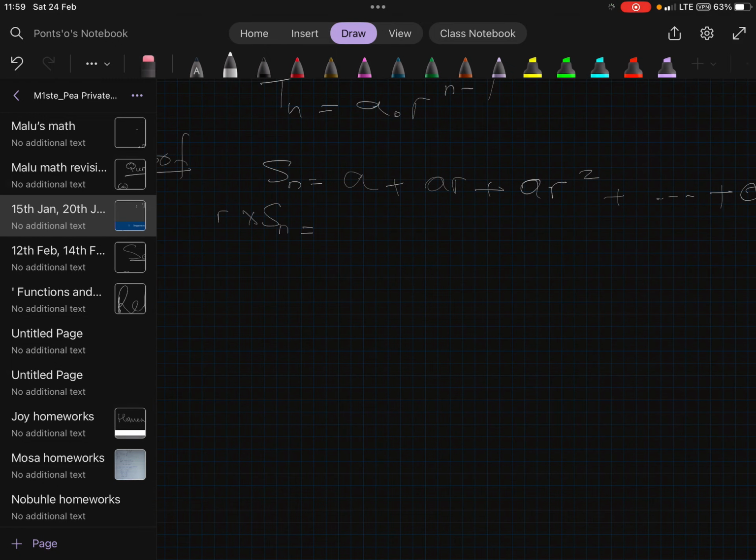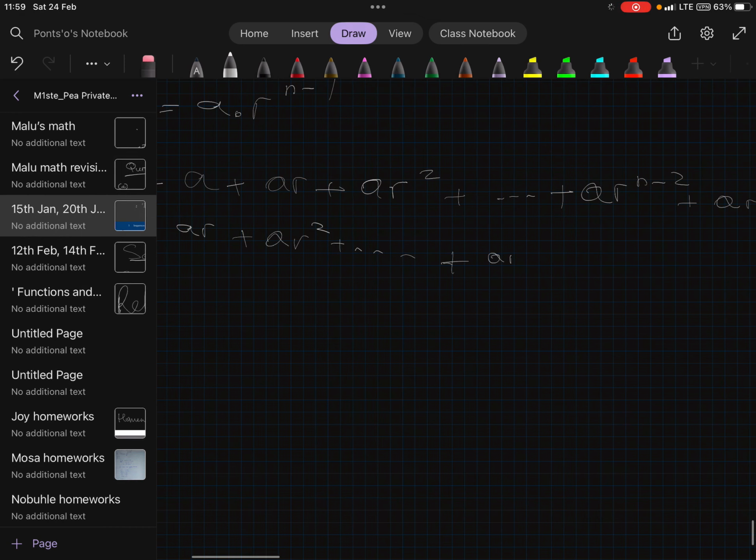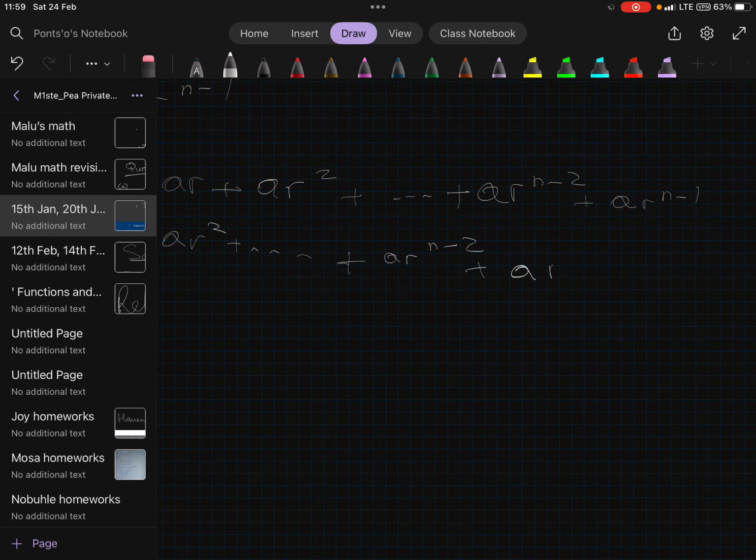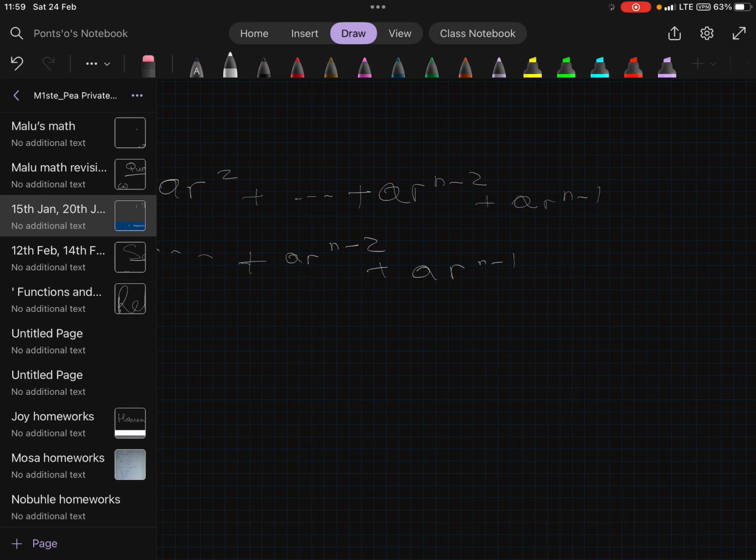So we multiply each of the terms in the first sum by the constant ratio. So we'll have ar plus ar squared, etc., plus ar to the n minus 2, plus ar to the n minus 1, plus ar to the n.